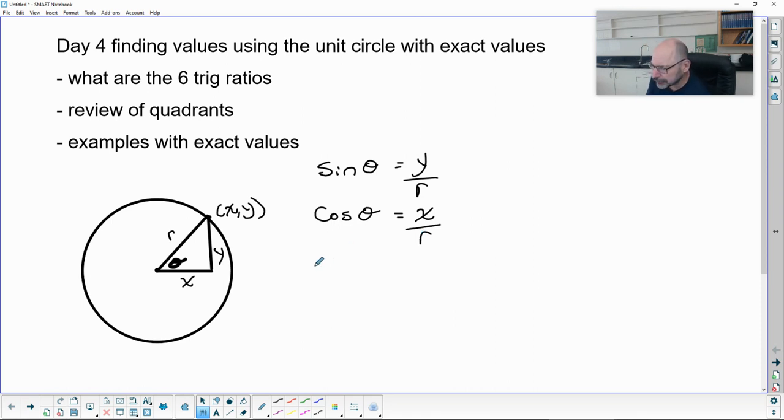You have tangent, which is opposite over adjacent, or y over x. So there's your primary ratios. We call these ones primary, and we use those a lot.